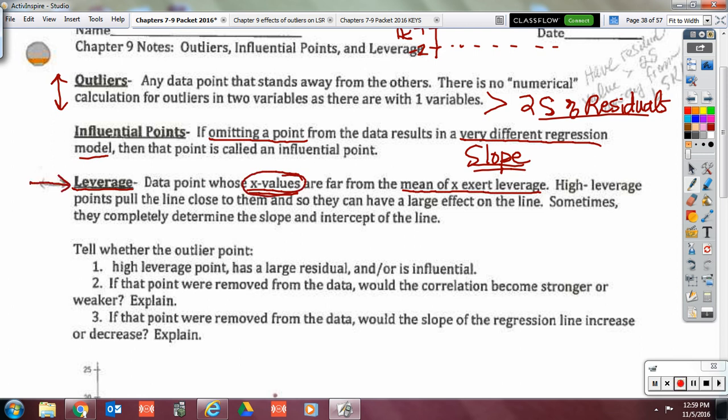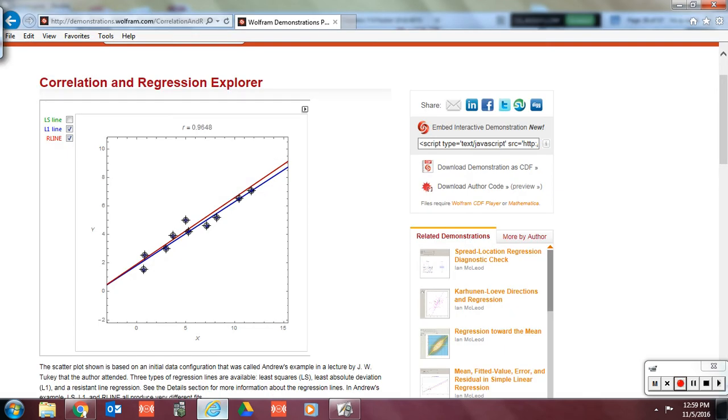That's why I have these little arrows over here. If it is far out in the x direction, then the point has high leverage. Having high leverage gives it the potential to really change the equation of the line, and strangely enough, it doesn't always necessarily change the equation of the line. So let's look at some of these things with this little applet of actually moving some of these points.